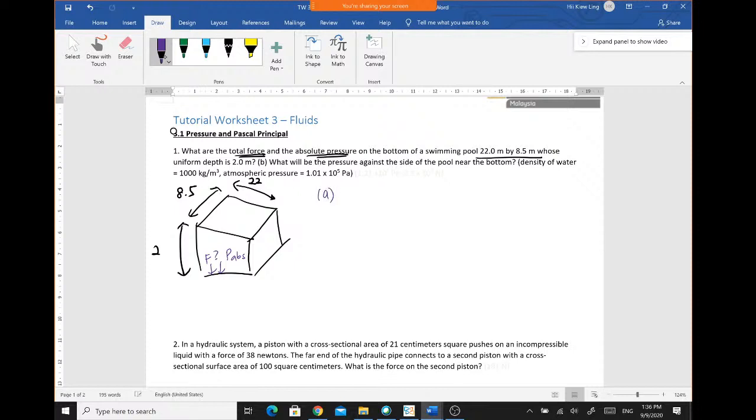To find the absolute pressure first, it equals atmospheric pressure plus the gauge pressure, right? Atmospheric is 1.01 times 10 to the power of 5. The gauge pressure is given by rho g h, remember? So 1000 times 9.8 times h, the depth, which is 2.0.